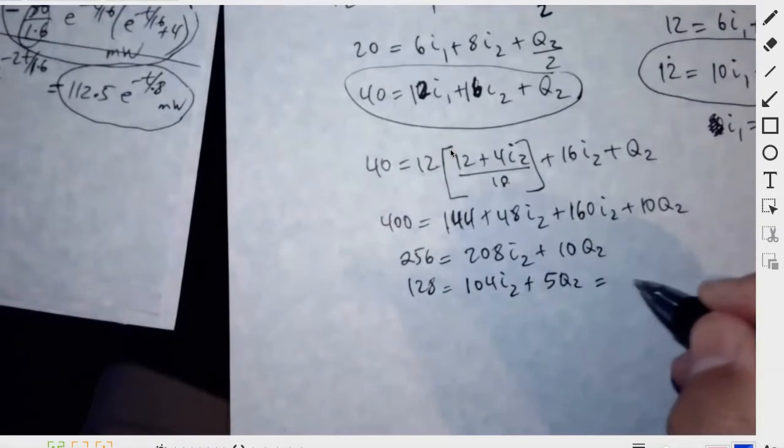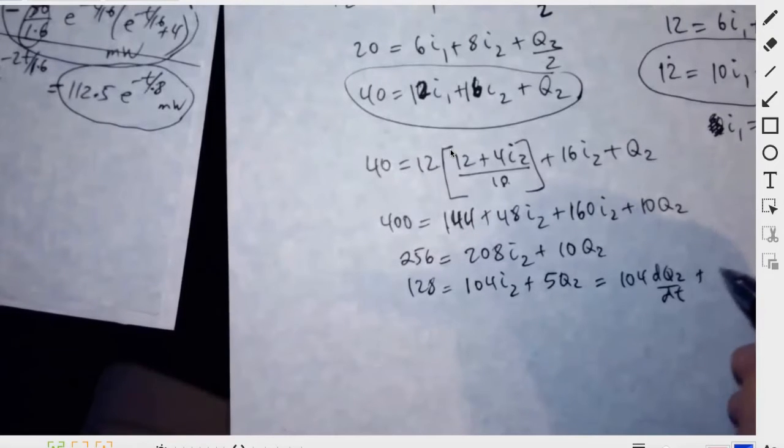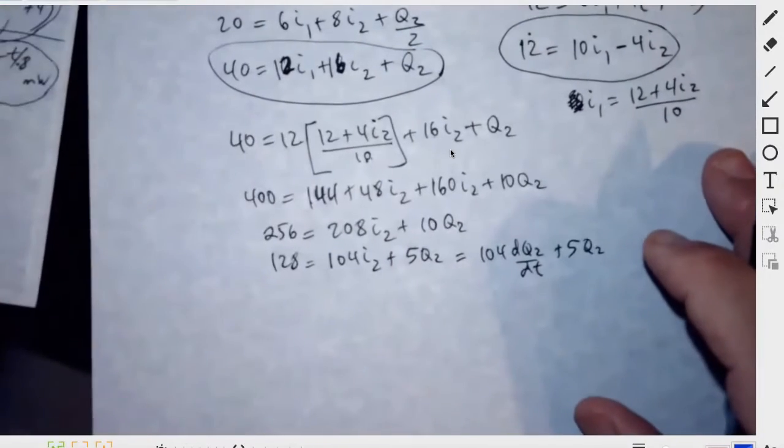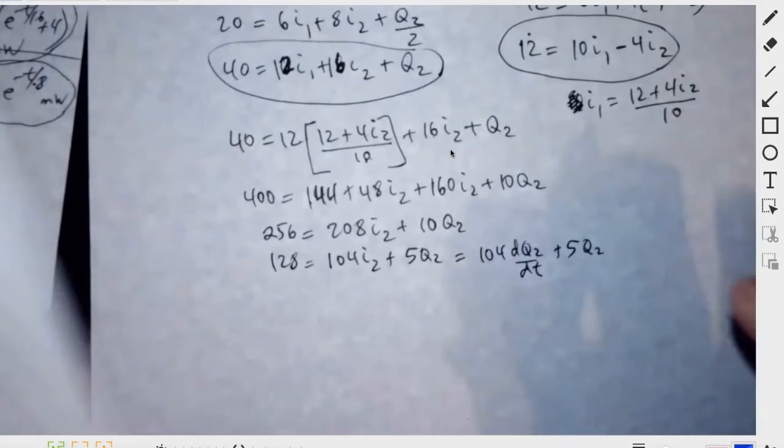So this is your 104 dq2/dt plus 5q2. I can then reuse the result from the previous differential equation. What was that differential equation?